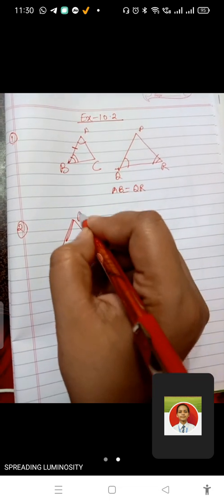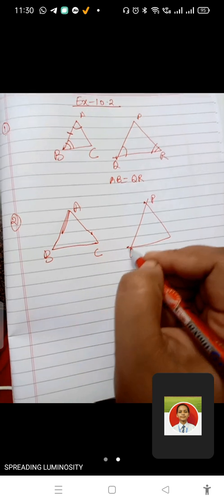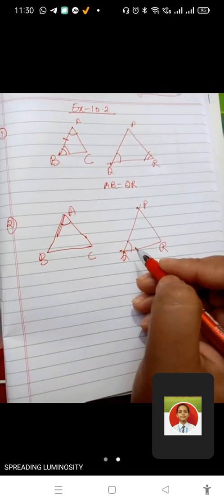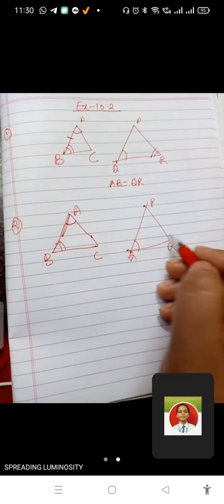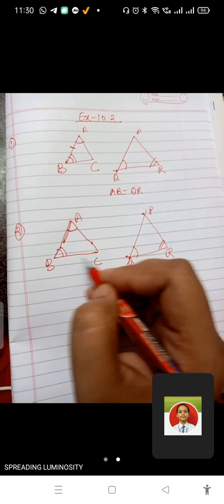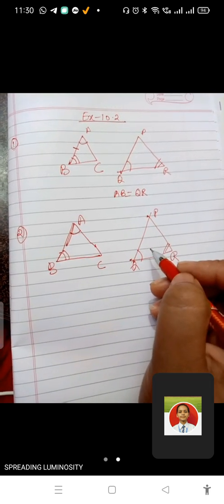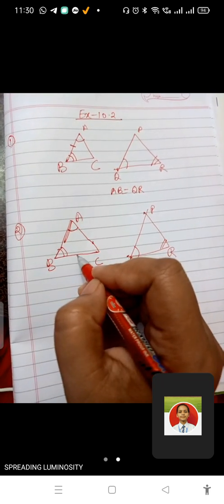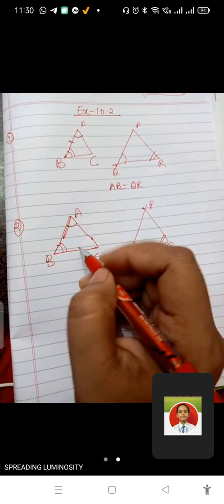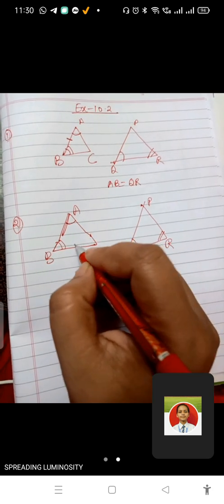In the second question, we have two triangles. First is triangle ABC and the second is triangle PQR. Angle A is equal to angle Q, angle B is equal to angle R. Which side of PQR should be equal to the side BC of triangle ABC so that the triangles are congruent?